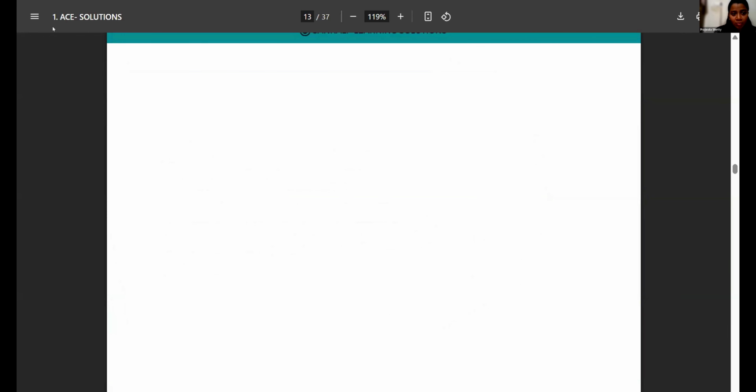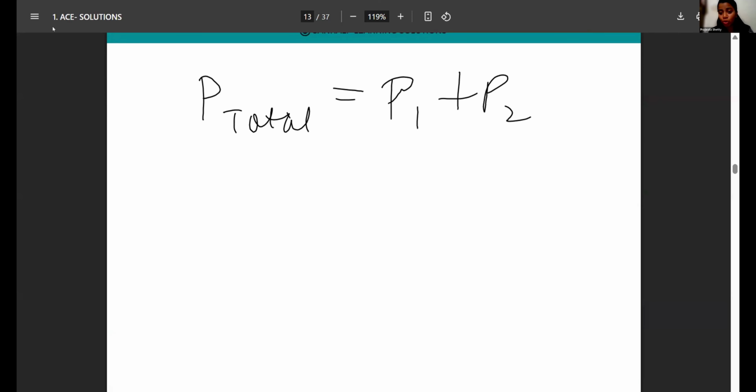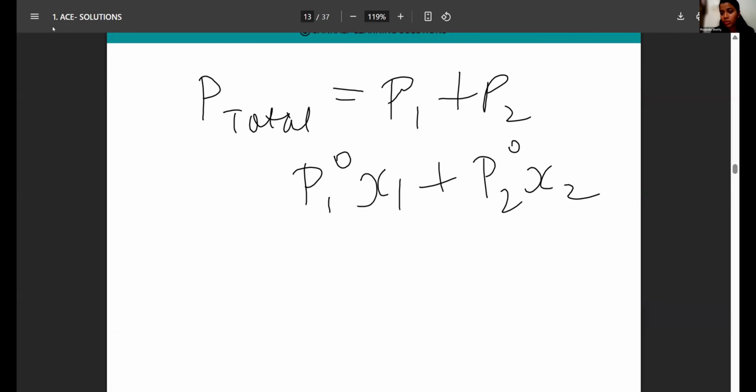According to Dalton's partial pressure law, P total is equal to P1 plus P2, the sum of the partial pressures of each component. When you substitute these values from Raoult's law, P1 value was P1 naught into X1 plus P2 naught into X2. This was Raoult's law.